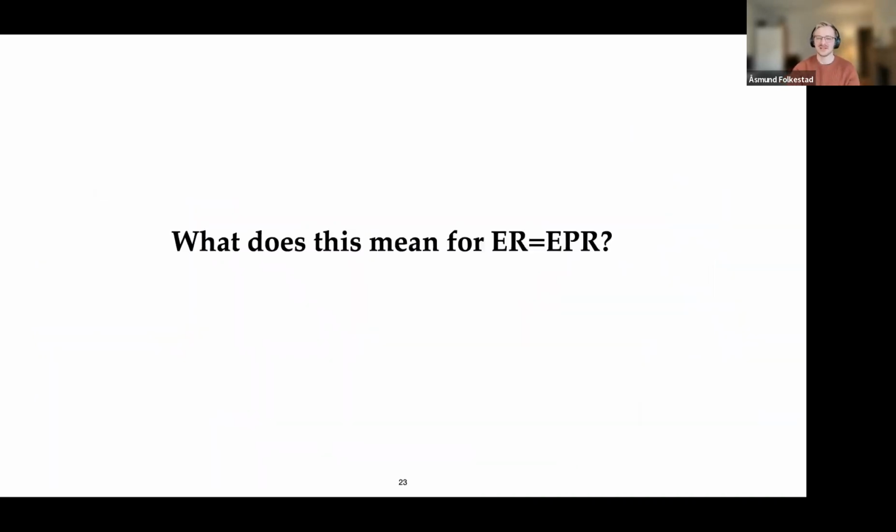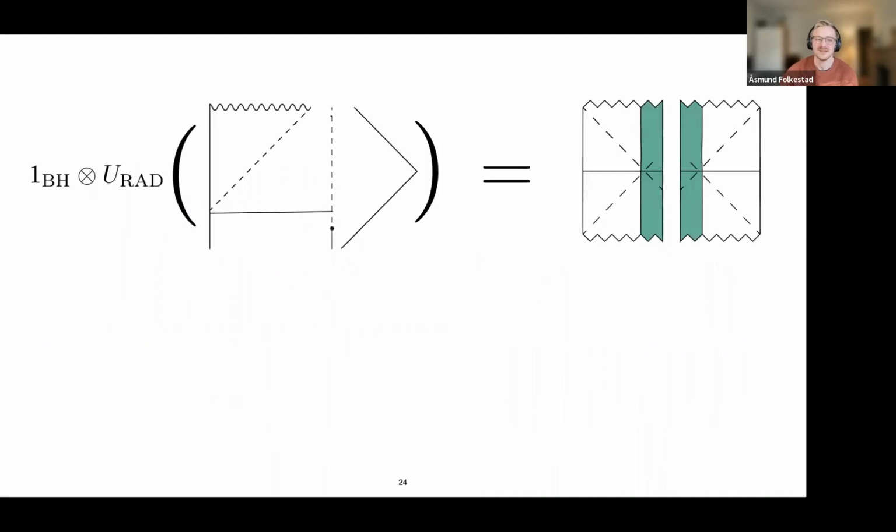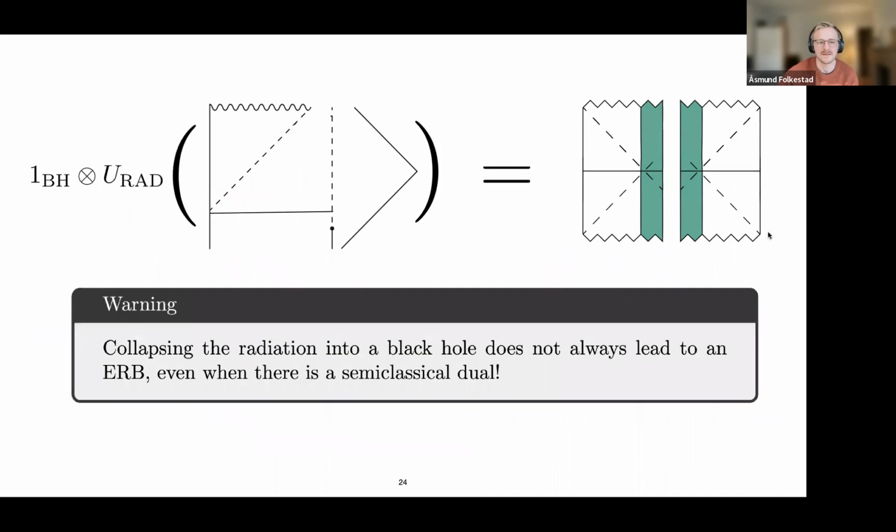But perhaps more interestingly, what does all of this mean for ER equals EPR? We now have this scenario. So that's interesting: collapsing the radiation into a black hole does not always lead to an ER bridge, even when there is a semi-classical dual.